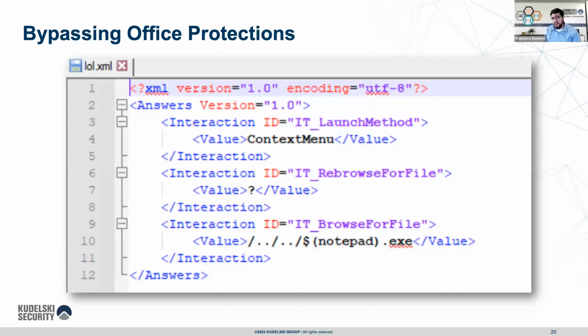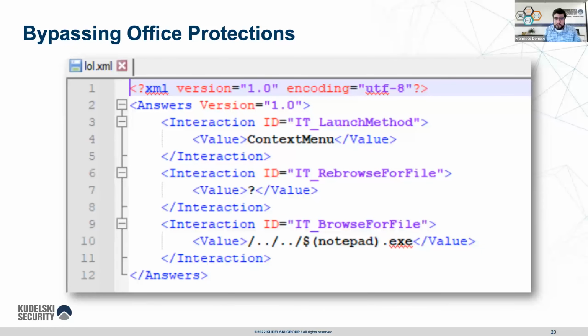Unfortunately, this MSDT tool can actually load remote XML to have it answer what parameters should be passed. So instead of an attacker doing the MSDT with the full command line that I showed you, they can actually just point to an XML file that's hosted remotely.